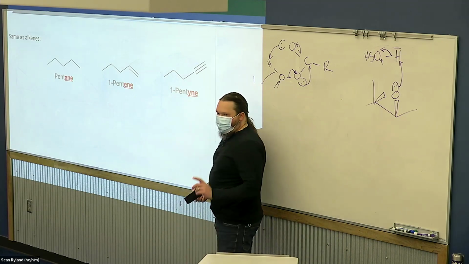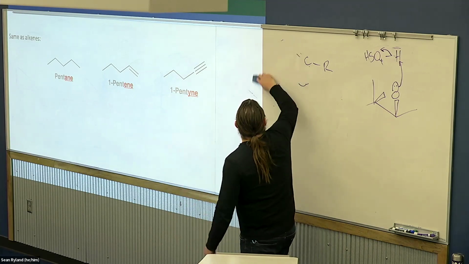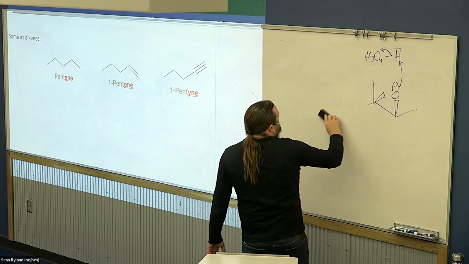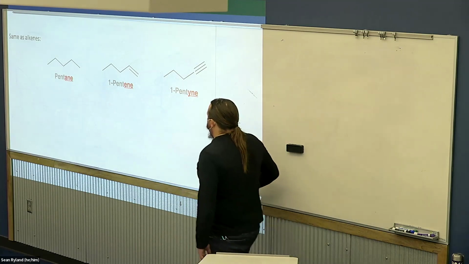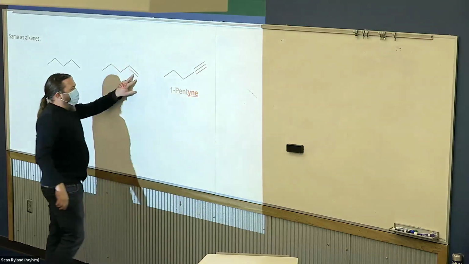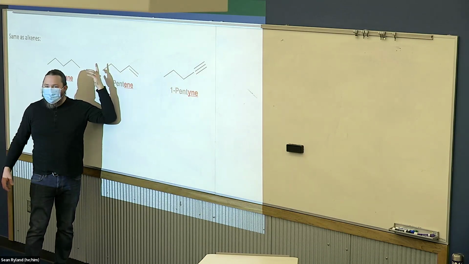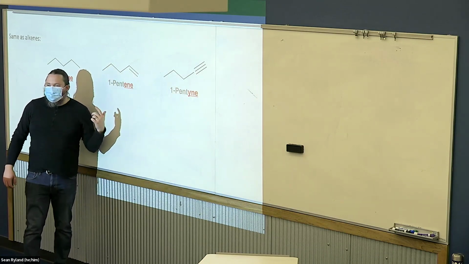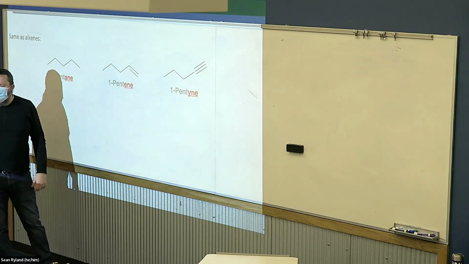It's not aromatic, so we're not throwing that wrench into the works here. So an alkene is 2 carbons that have a sigma bond and a pi bond. Alkyne just means a sigma bond and 2 pi bonds. So a lot of the same reactions are going to happen. In a lot of cases, it just means that they happen twice.